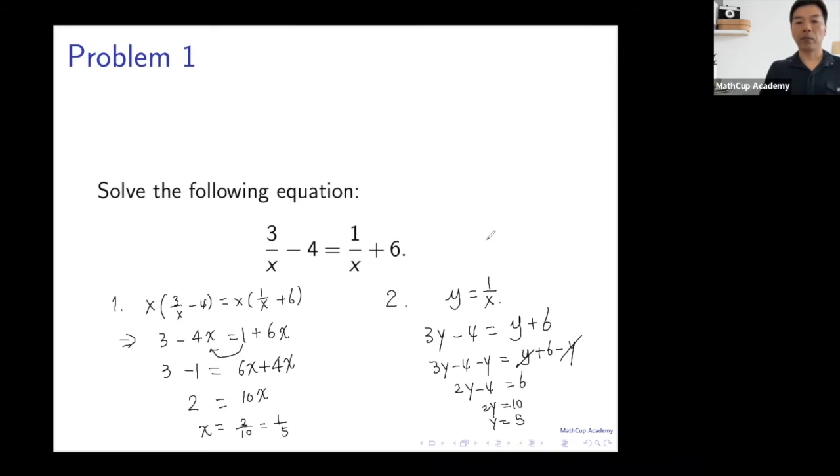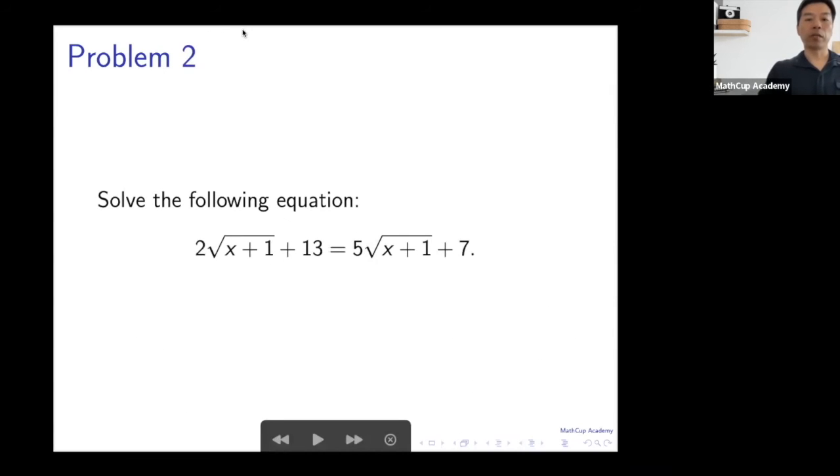And now, because y equals 1 over x, that means 1 over x equals 5, and we also get x equals 1 over 5. This idea of substitution to simplify the problem is a very, very important idea. So let's look at another example to see whether we can use this to solve another problem.